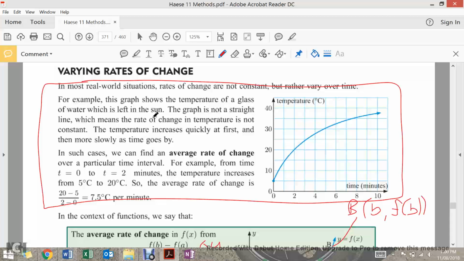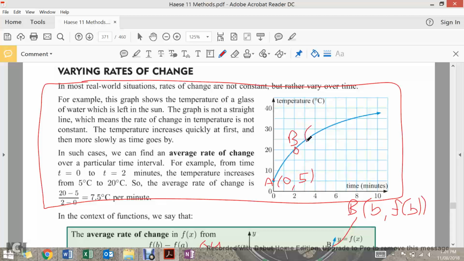Right now. Fantastic. If we want to know the average rate of change between 0 minutes and 2 minutes, what we need to do is find the x and y values at those points. First of all, let's start with this point here, point A, and we're going to call the point at 2 minutes point B. Point A will be 0 for the x and 5 for the y.